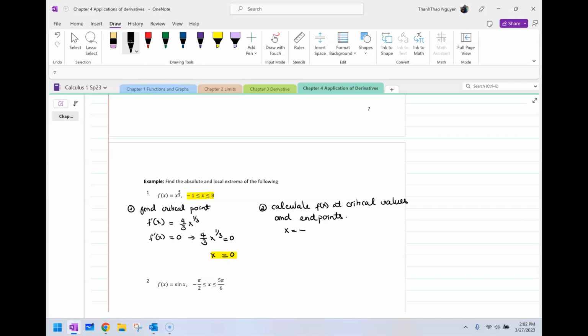At x equals -1, f of -1 equals (-1) to the 4/3, which is 1. f of 0 equals 0. At x equals 8, f of 8 equals 8 to the 4/3, that is the cube root of 8 to the 4th, which is 16. So note that here we have the absolute max, and we have the absolute min.